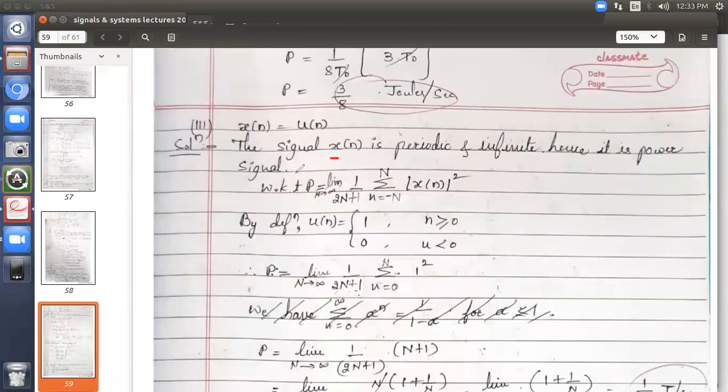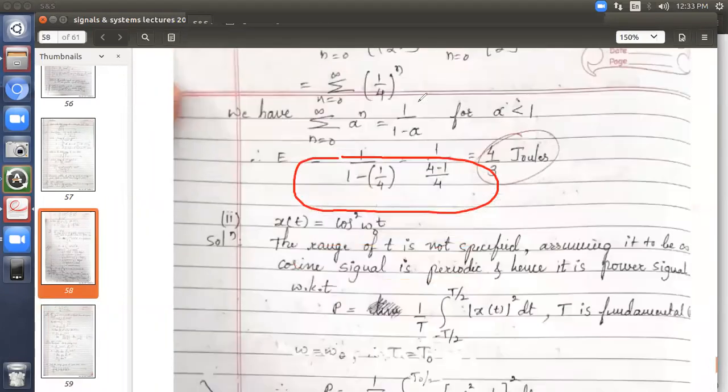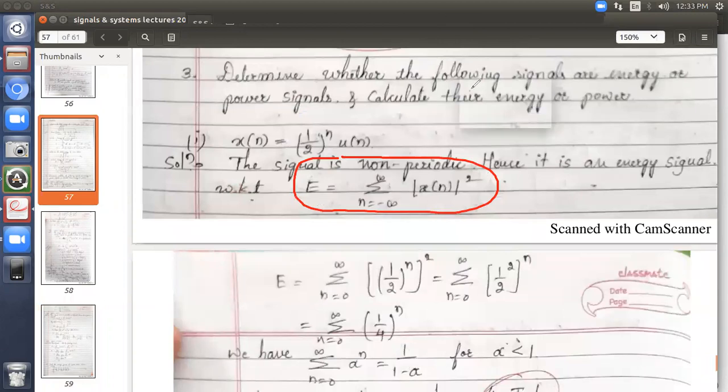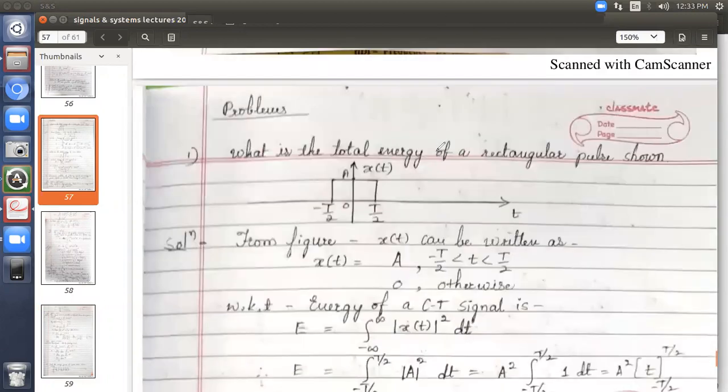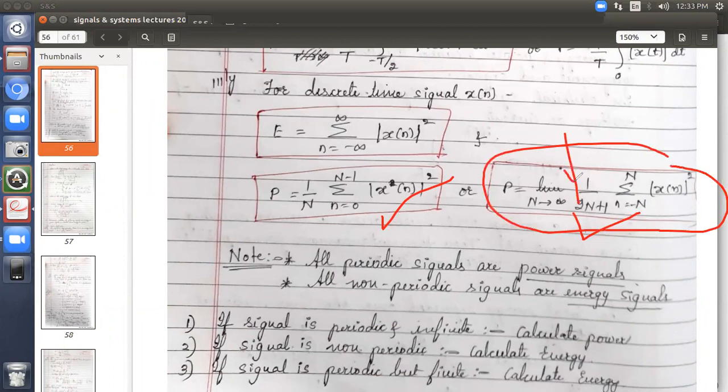We have this formula for power. See, we have two formulas for power. I can just show you on the screen. Either this one or this one. We are using this because of the time range. Time range is from 0 to infinity.